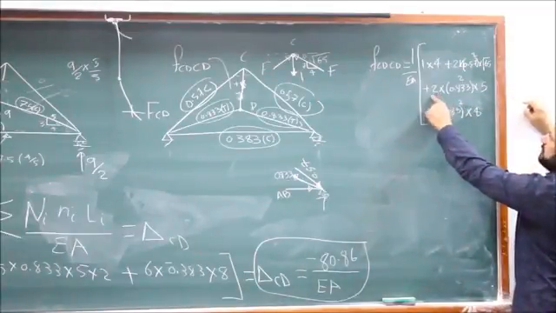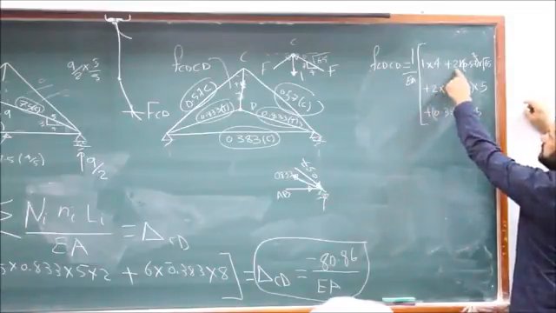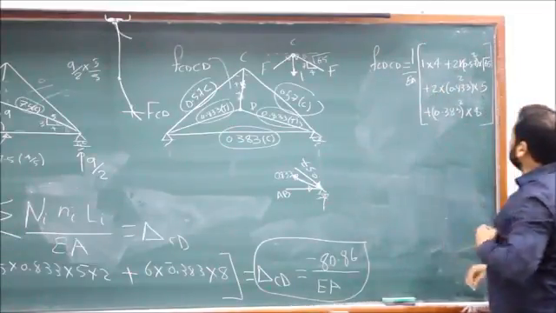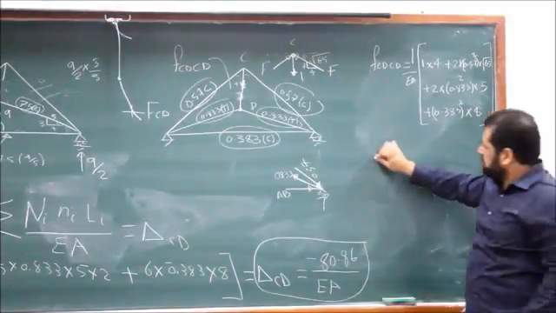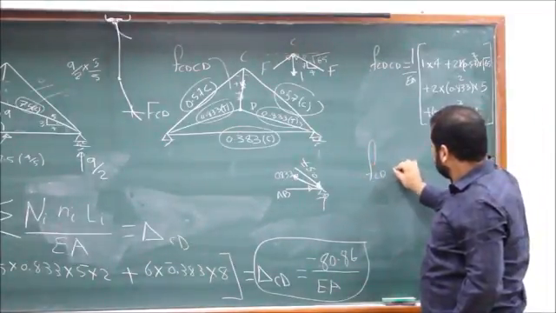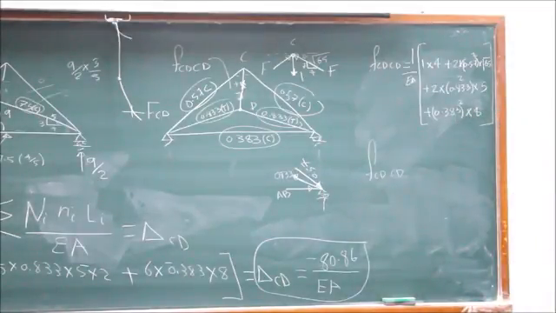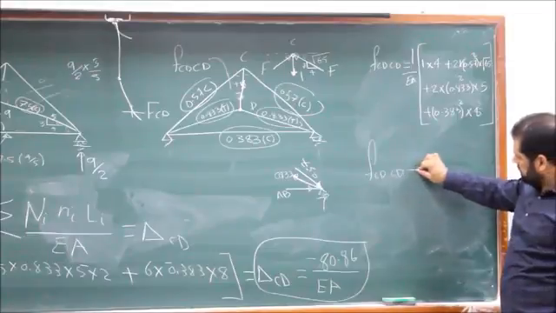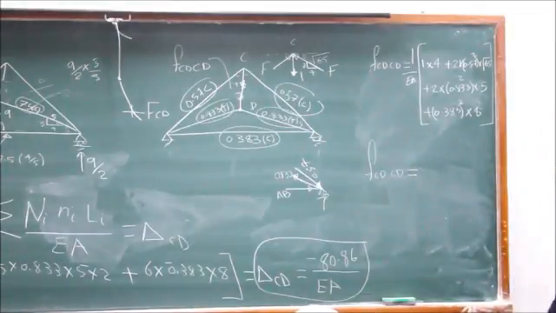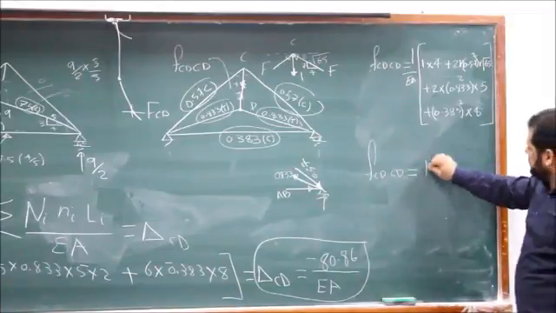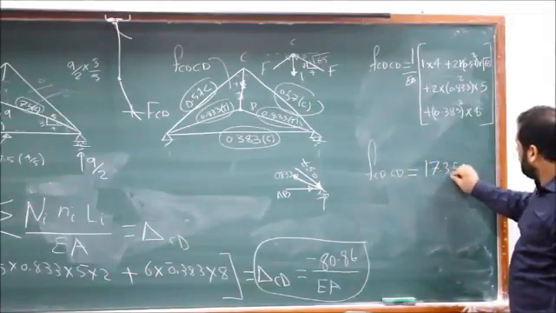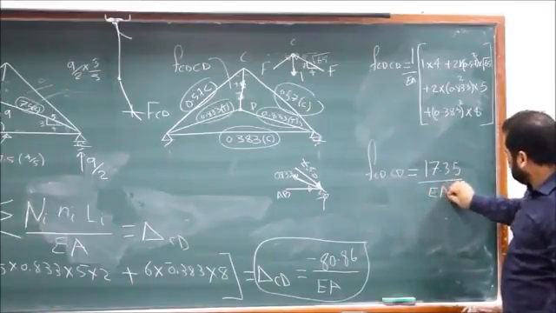This 2 means two numbers. Add them. 17.35 over EA.